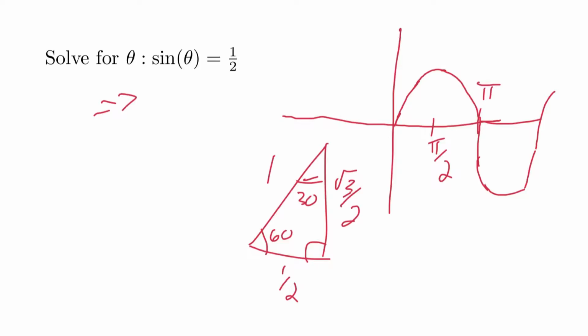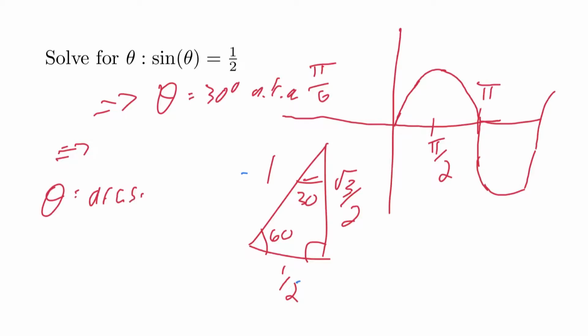Well, it looks from this picture like 30 degrees, because that will give me opposite over hypotenuse as 1/2 over 1. So also known as pi over 6 in radians. You could also solve this directly by just using arc sine, which is pi over 6.